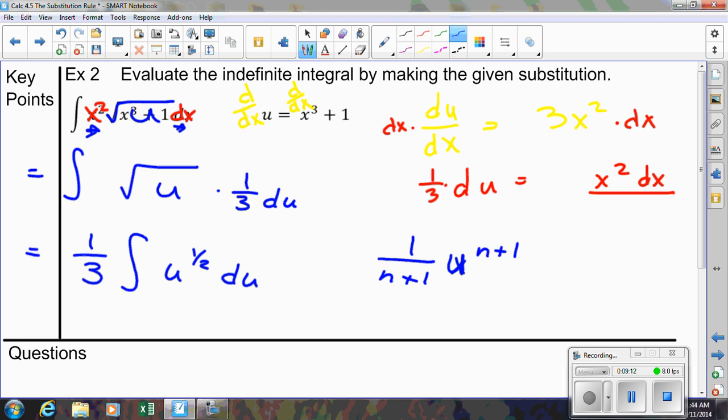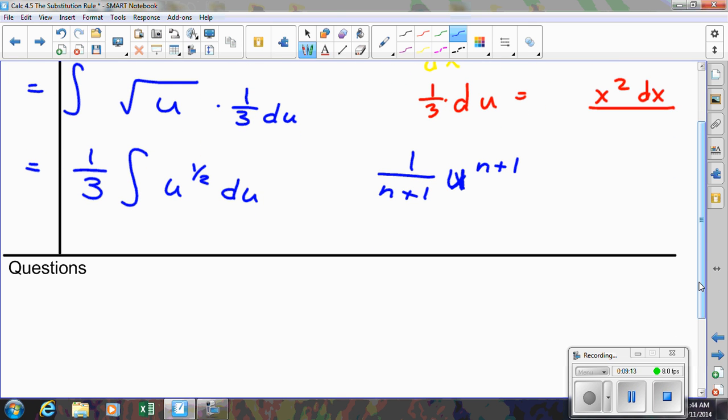However you choose to get our antiderivative, we would obtain 2u to the 3/2. Let me think. Yeah, 1 over 1/2 plus 1. 1/2 plus 1 is 3/2. The reciprocal of 3/2 is then 2/3. u to the 3/2.